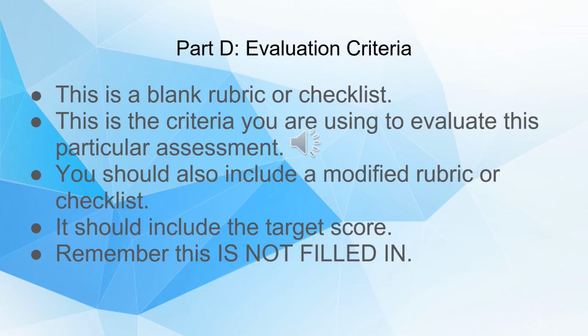Lastly, for Part D, you're going to be submitting your evaluation criteria. This is going to be the blank version of the rubric or checklist that you used for your assessment. And this is the criteria that you're using to evaluate this particular assessment, to evaluate your students. You also need to have a modified rubric or checklist, and this is going to be modified for any students with special learning needs.